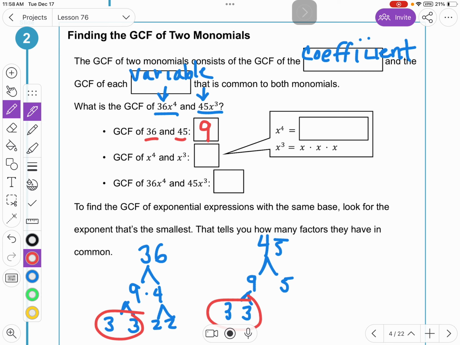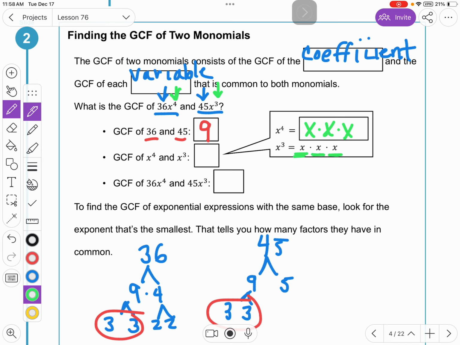Now let's look at the variables. When we're talking about the variables, we're looking at the powers, and we're thinking, okay, what do they have in common? x to the third is x times x times x.